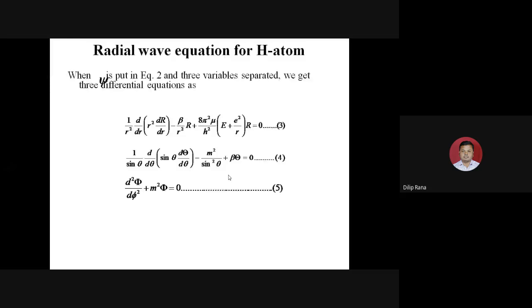Psi is a wave function which has a relation with three variables. Psi varies with r, that is radial, varies with theta, that is the angular zenith angle, and psi also varies with phi, that is the azimuthal angle.